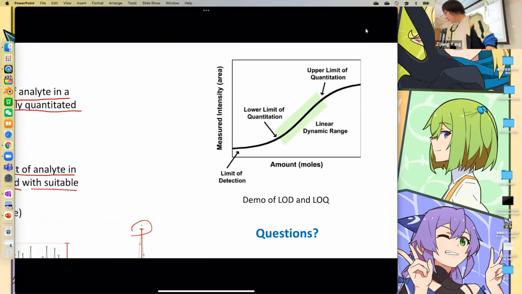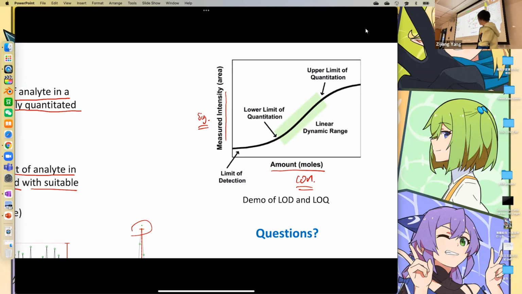This one shows, so this amount we can consider as the concentration. And this is a measure of intensity, or the area or the peak, or the signal strength. It can be anything that is from the instrument. So this picture shows the real relation between concentration and the signal. We can see that this is not a straight line. This is a curve.